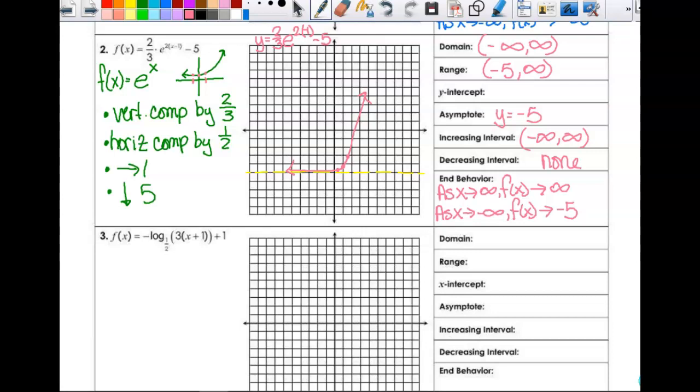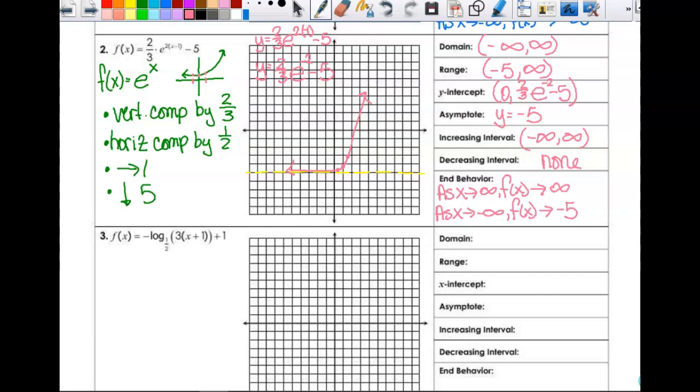So now I'm just going to simplify this, and that's going to give me y equals 2/3 times e to the -2 power minus 5. And that's really the best I can do there. So this is 0, 2/3 times e to the -2 power minus 5. And sometimes our exact answers look icky, and that's okay.